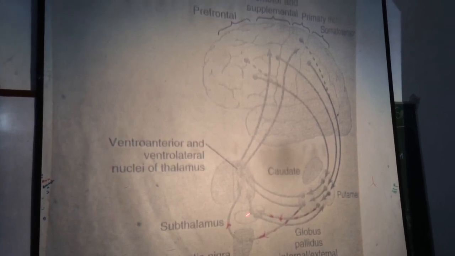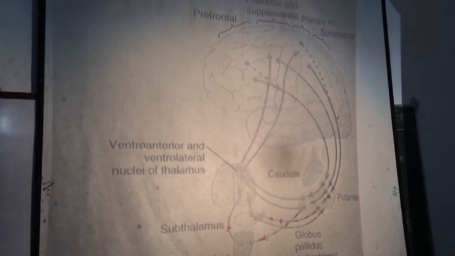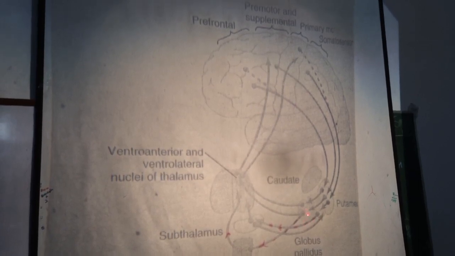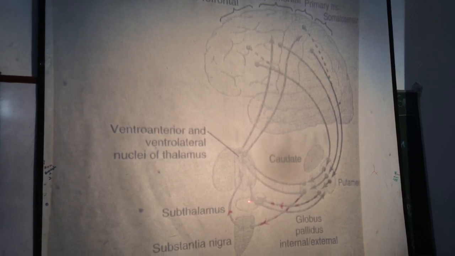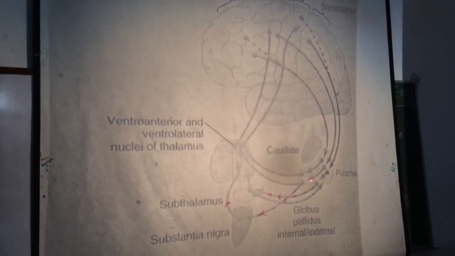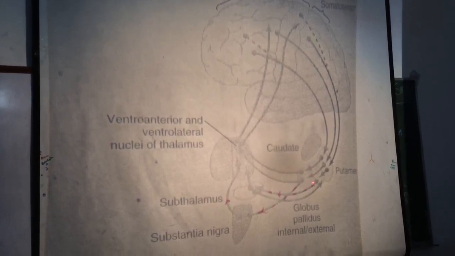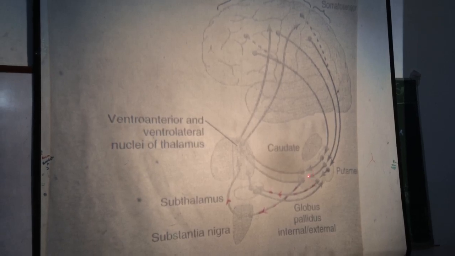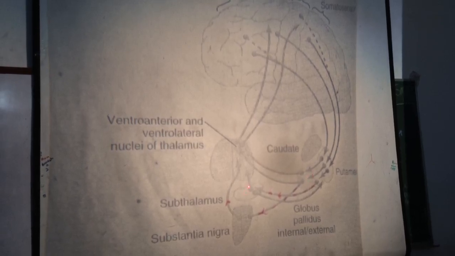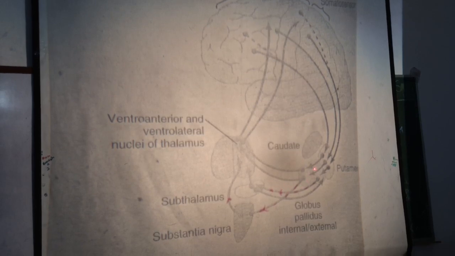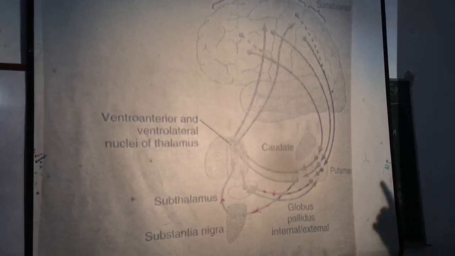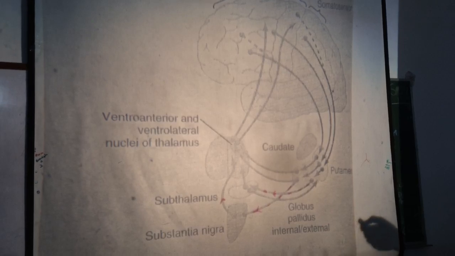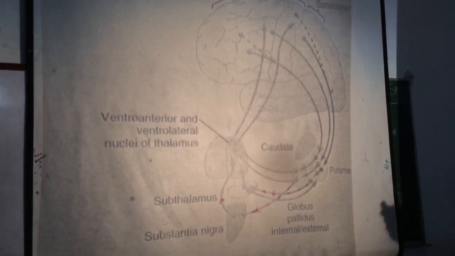Another additional connection is from globus pallidus to subthalamus, and then from subthalamus back to the globus pallidus. So this is the putamen circuit in the connections of the basal ganglia.